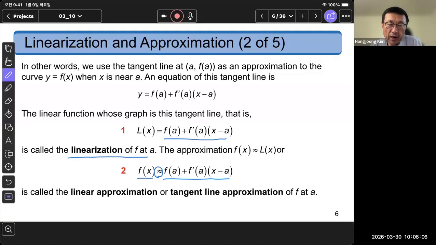But otherwise, if your x is far from a, then closeness may not be guaranteed. But in engineering or in economics, they want to find a certain approximation. Okay, so many people, even in physics, consider this a linear approximation, and many physical equations were derived based on linear approximation.